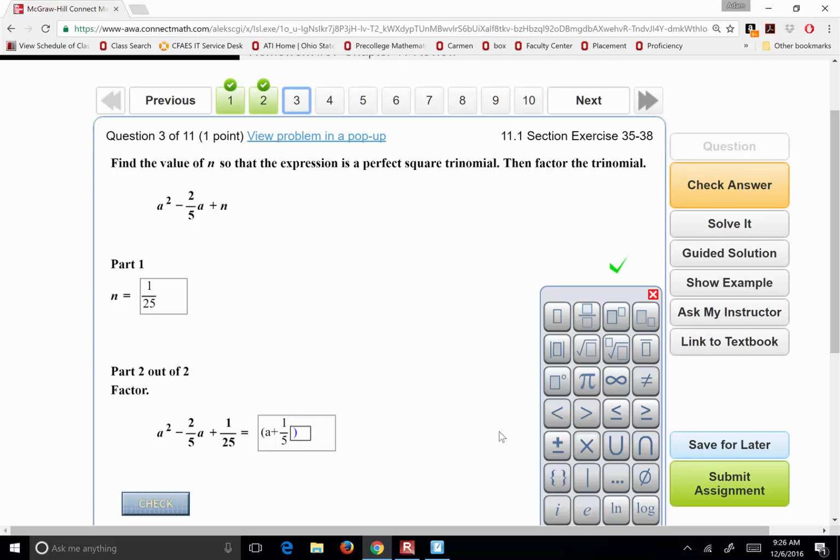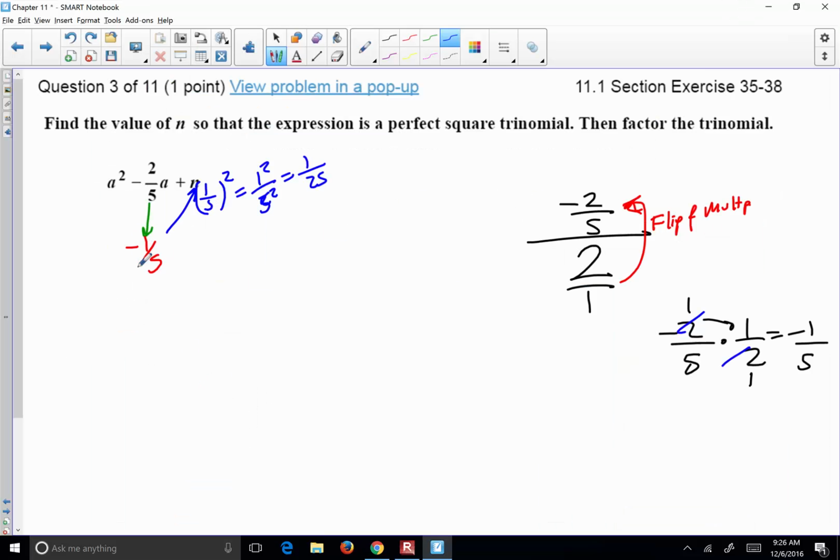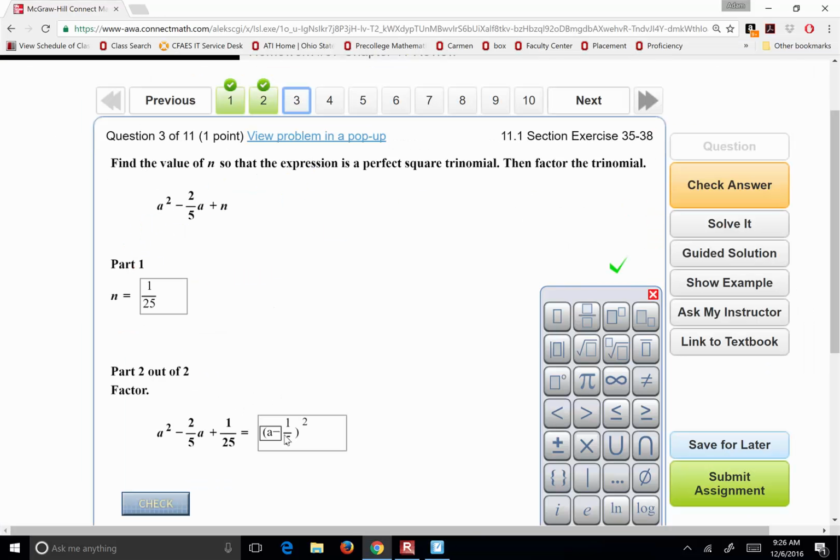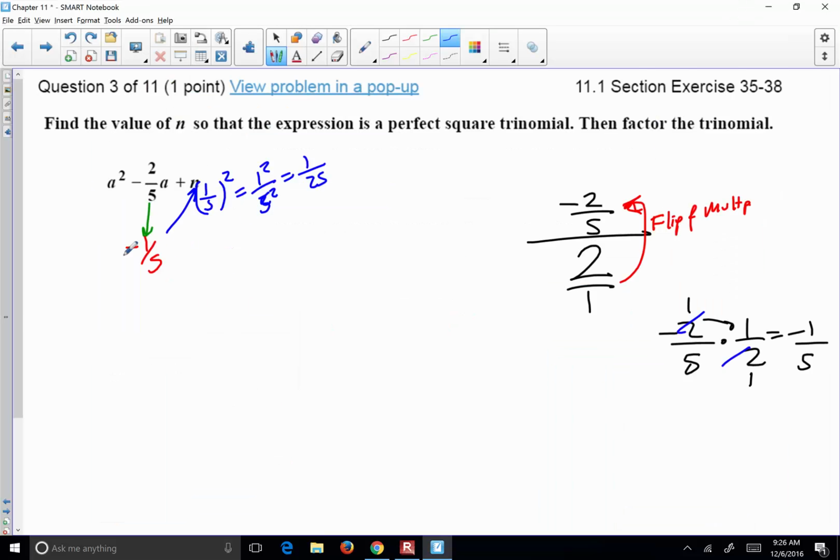If that's 1 over 5, I'm squaring this as 1 over 5 squared. Am I right? It's minus, for two reasons. Either you go with this sign here, it's a minus sign, so this has to be minus, or you found minus 1/5 here. Why do I put positive? It should be minus 1/5.